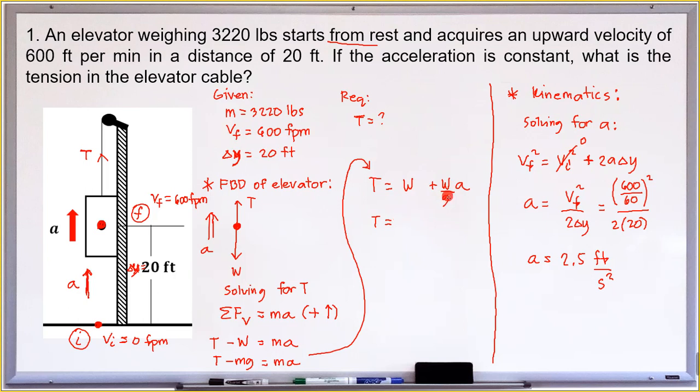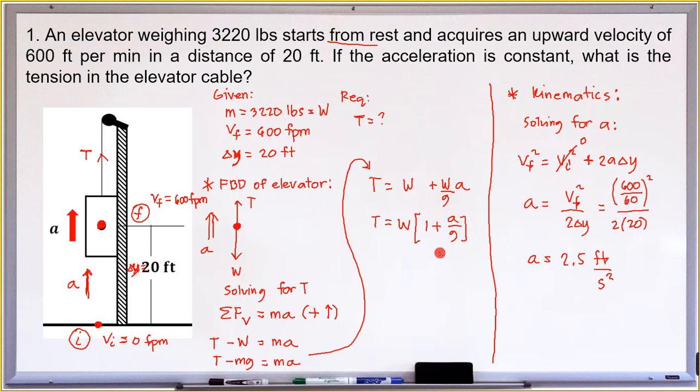Why is it g? So that the unit for the acceleration cancels out. So we factor out m, which we can also represent as weight, because this is an English unit. So that is 1 plus a over g.